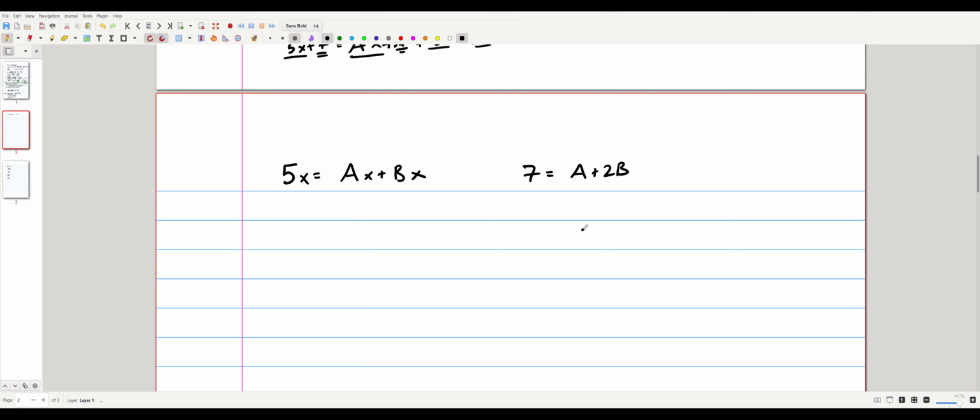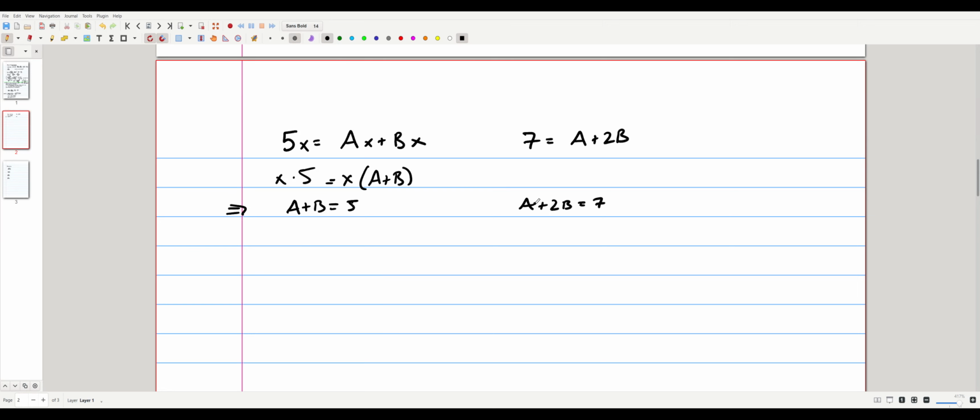Okay, well, here we see that both of these terms have x's, and so does the 5. You can factor the x out. You'll get a plus b times x equals 5 times x. And so this is another way of telling us that a plus b must equal 5. And we have a plus 2b is equal to 7 from this equation. If we subtract a from both sides here, we'll get b is equal to 5 minus a.